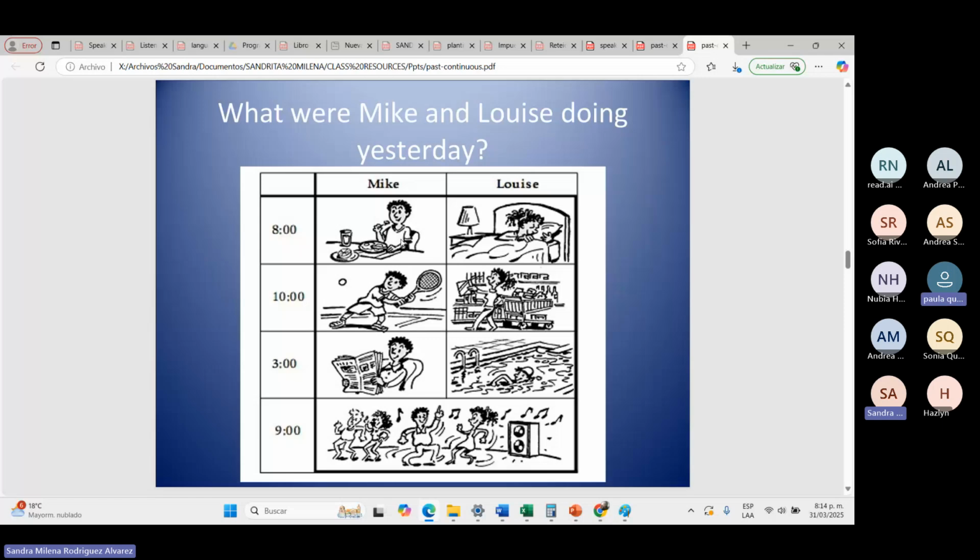And this one, what was Luis doing? Luis was sleeping. Now this one, at 10. What was Mike doing at 10?